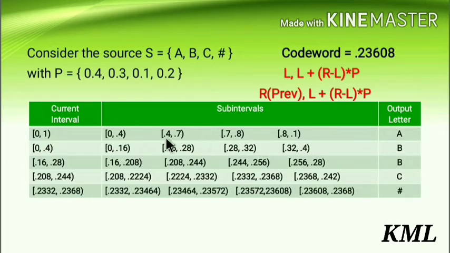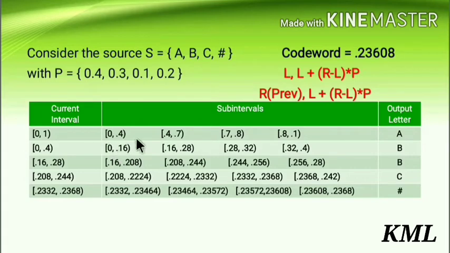Now take the code word and find in which sub interval it falls. The code word is 0.23608. Check where it falls. See here, 0.236 is greater than 0 and less than 0.4. So this code word falls in this sub interval. Now check the source.